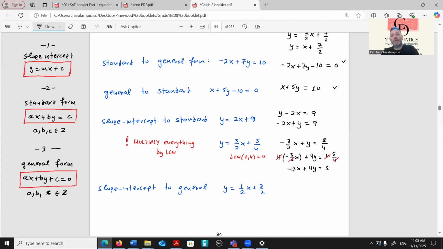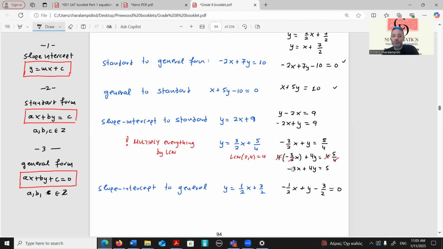Again, it can be everything on the left or everything on the right. Here, I'm going to do it as everything on the left. So it's going to be minus 1/2 x plus y minus 3 over 2 equals 0. Am I done? Not yet.